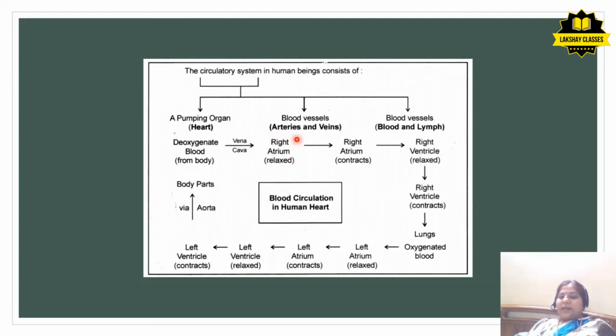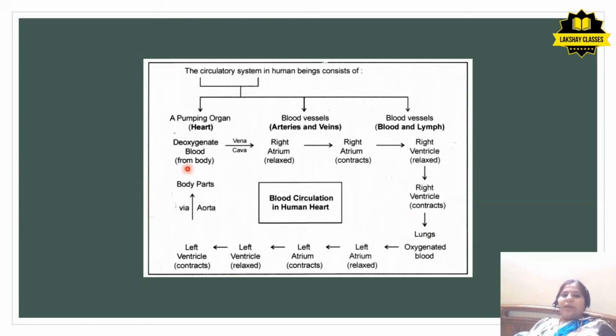Right atrium is relaxed. When the right atrium contracts, what happens? The right ventricle relaxes. Then the right ventricle will contract and the blood will go to the lungs.